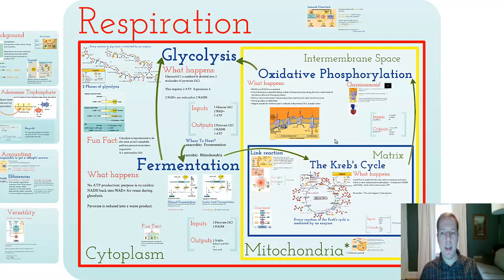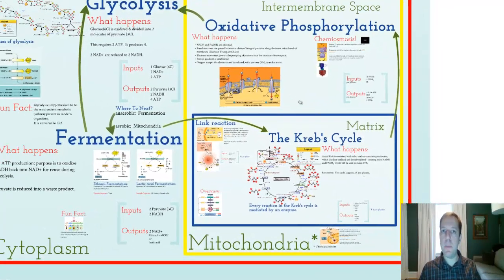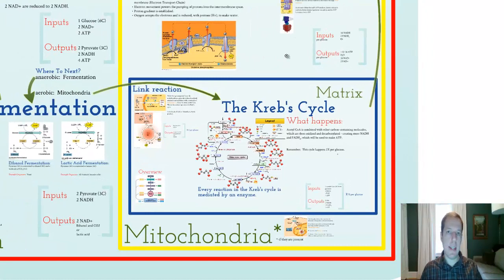So that summarizes the biochemical details of what's happening to nutrients as electrons are being removed and they are being broken down, and that energy is being utilized by ATP synthase to make large amounts of ATP. All right, there's a lot there.